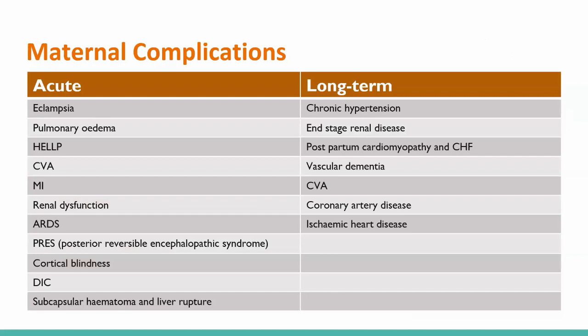It's characterized by seizures, altered mental status, and visual loss. Most patients do recover, but it is not always reversible. Otherwise, they can have cortical blindness, DIC, and subcapsular hematoma, which can lead to liver rupture.